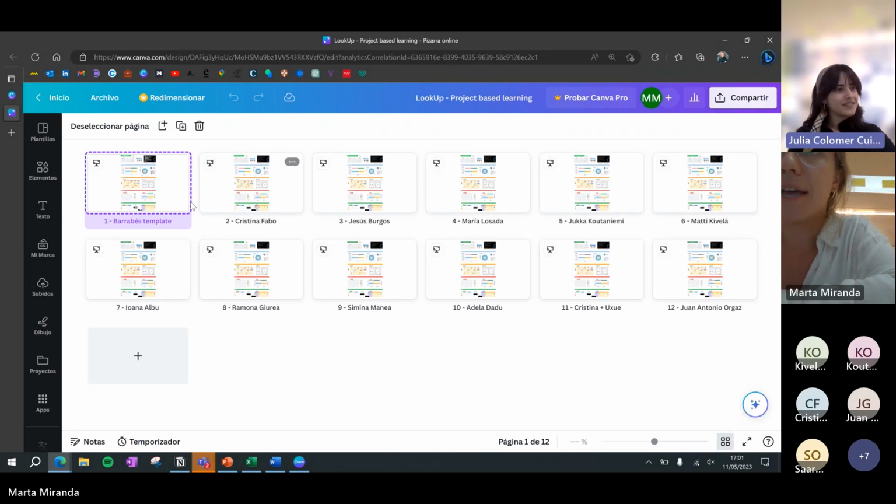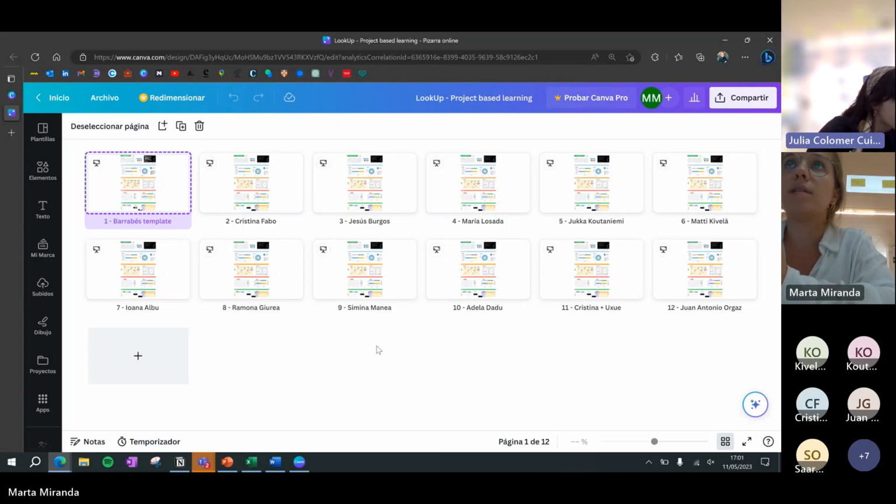You will see that there are different pages for you to work by yourself in every template. So it is important that you go to your own template. Don't go to Barra's template. If you are Simina, don't go to Maria's. If you are Cristina, don't go to Jesus's. Whatever. Okay.